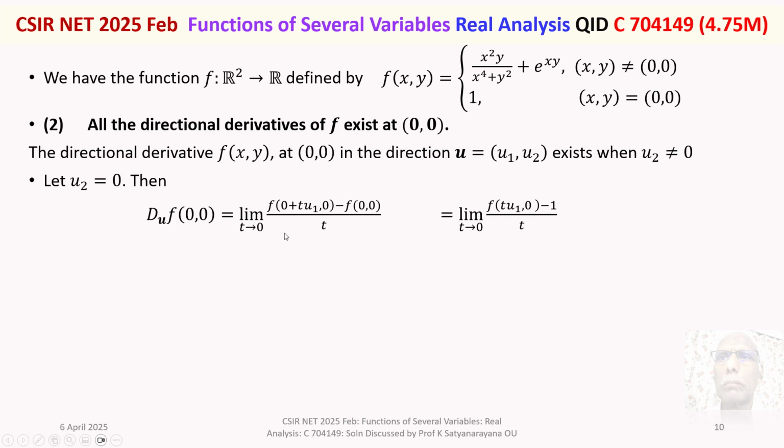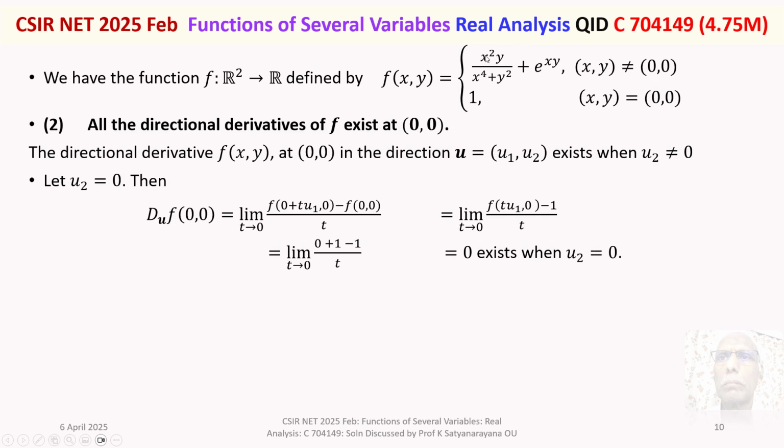So this will be the limit as t tends to 0 of [f(0 + tu1, 0 + tu2) minus f(0, 0)] by t, but u2 is 0, therefore it is 0. Thus you get the limit as t tends to 0 of [f(tu1, 0) minus 1] by t. Now look at the function.